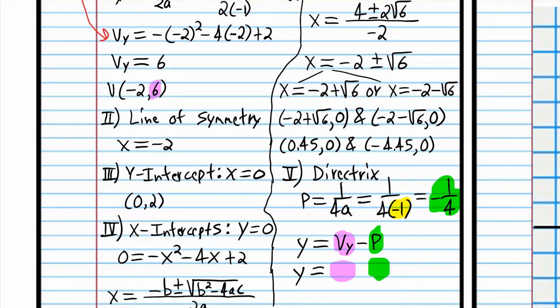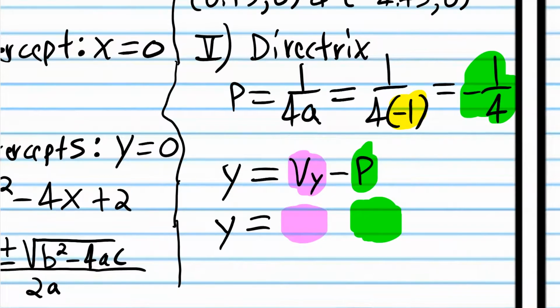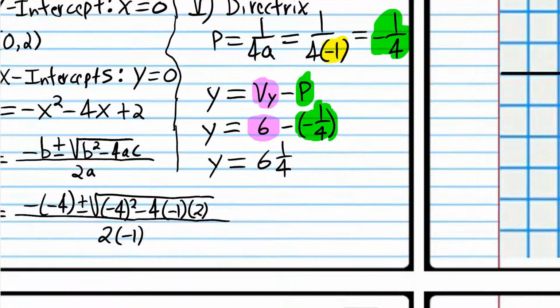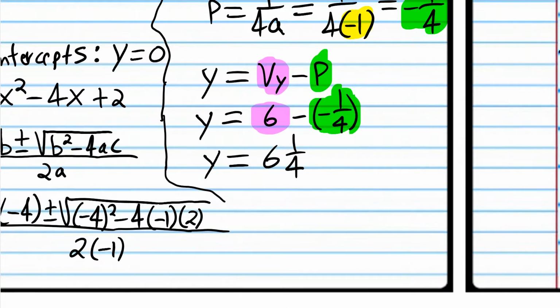And that goes there. So we have 6 minus negative 1/4. And that simplifies to 6 plus 1/4, so it would just be 6 and 1/4. So that's the equation of the directrix.